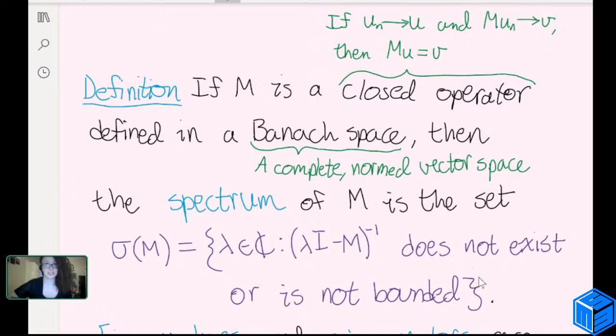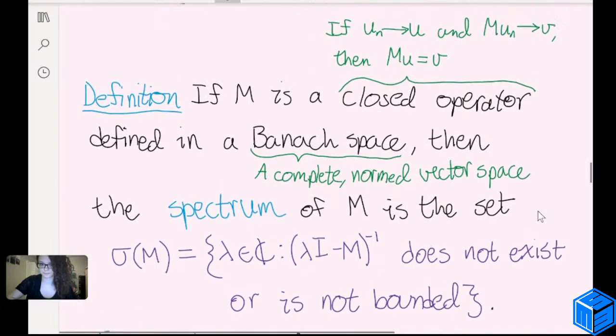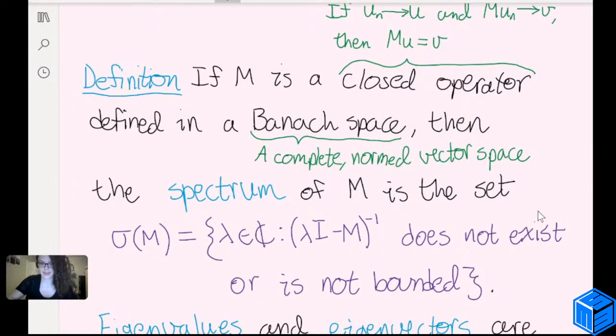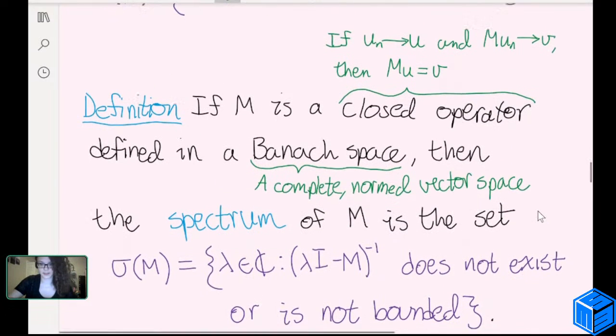Well, the operator is going to transform some vector or sequence, and if the new vector or sequence has a finite norm, then our operator is bounded, if that happens for all of the elements that it's operating on.